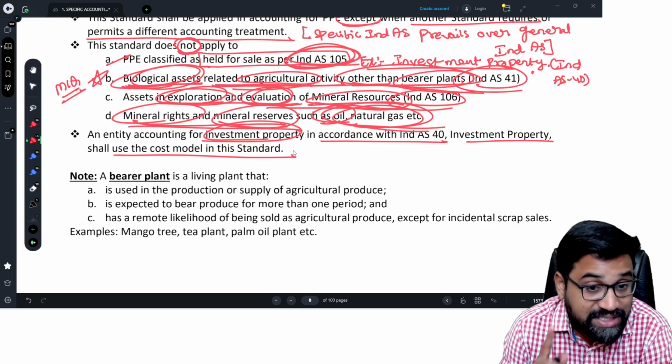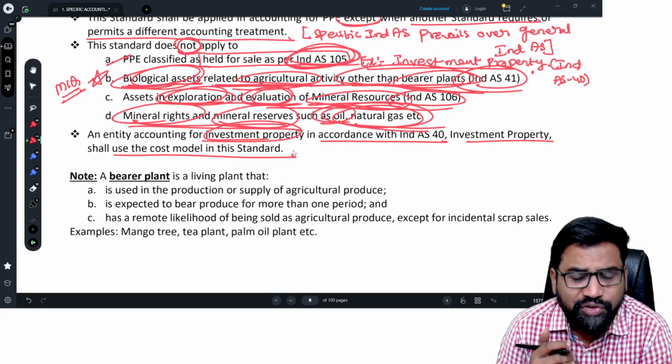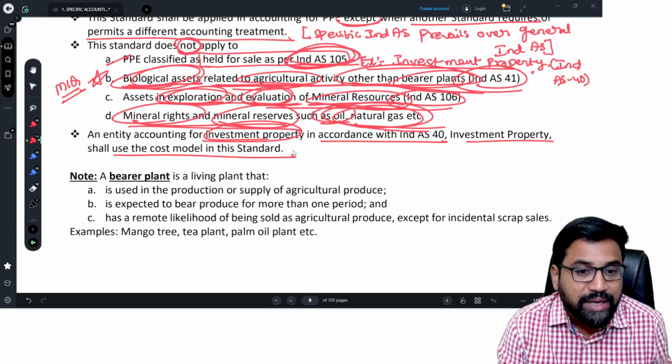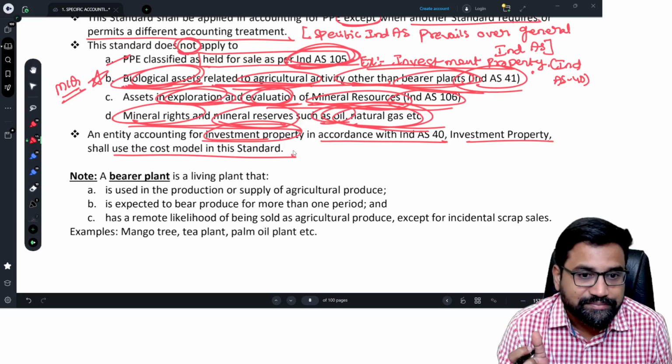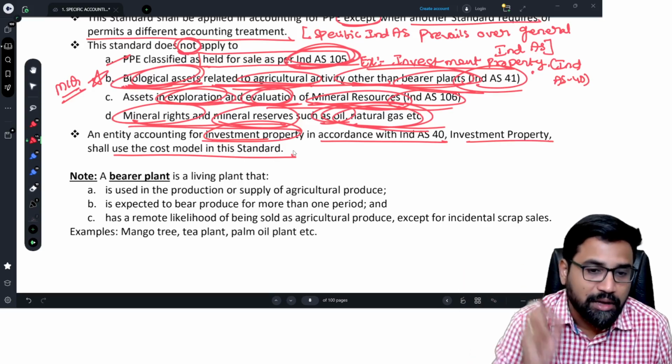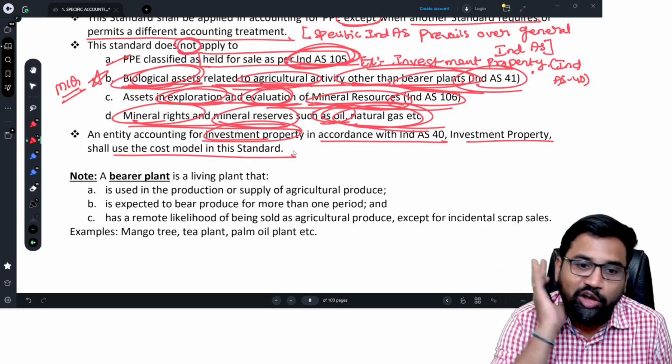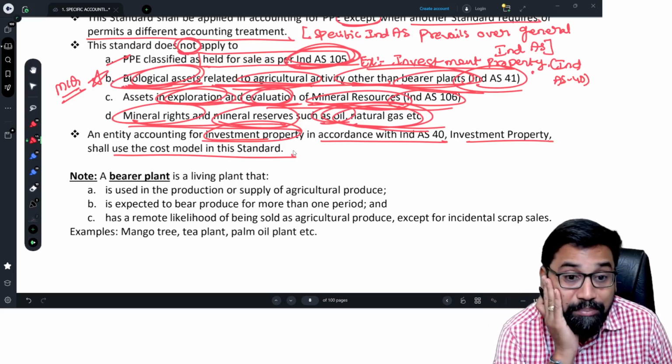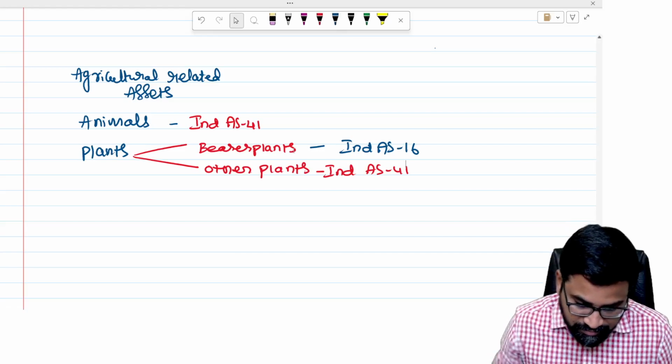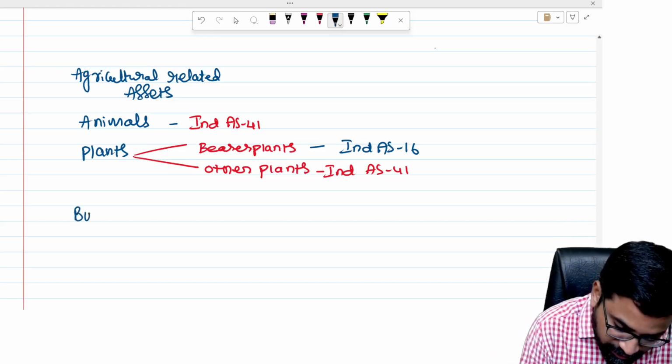Therefore, investment property has to follow both IND AS 40 as well as IND AS 16. Once again: a building purchased for rental income, is it PPE or not?